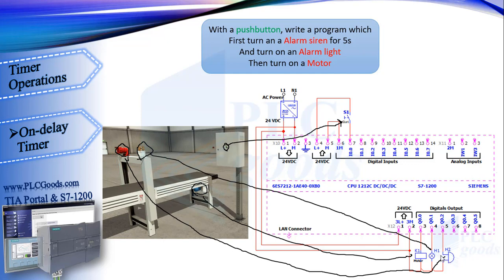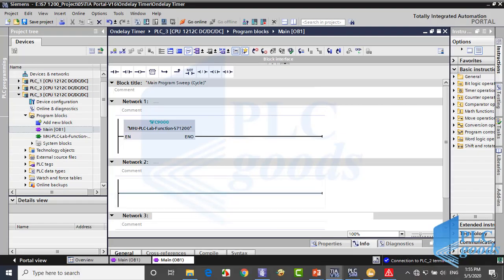Well, if the push button is pressed, the alarm siren must be on for 5 seconds, so I need a pulse timer which has been told in previous video.